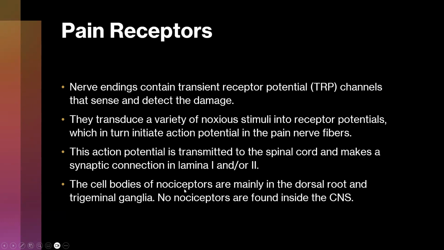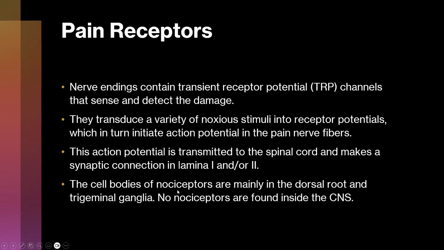They transduce a variety of noxious stimuli into receptor potentials, which in turn initiate action potentials in the pain nerve fibers. This action potential is transmitted to the spinal cord and makes a synaptic connection in lamina 1 and lamina 2, or just lamina 2. So either in both of the laminae or in just one of the two.